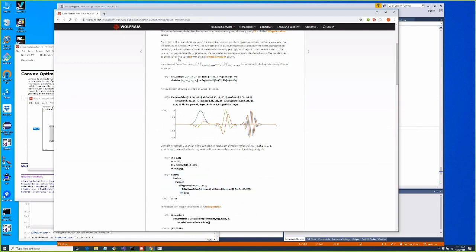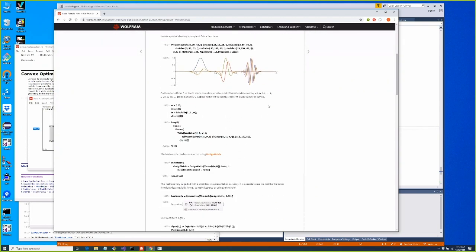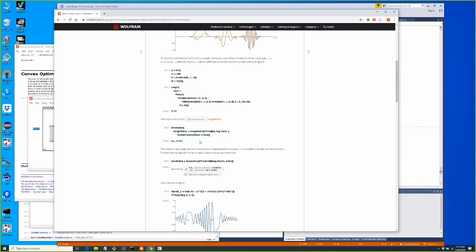So the idea is we set up this basis. These are called Gabor functions, and they basically have a peak, and then they have variation, and there's levels. So basically, the Gabor function basis has different positions where it's centered and also different frequencies. Okay, and we go up to a certain number of frequencies and a certain number of bases. The idea is you want to represent a signal quite well with this. So we can get a design matrix.